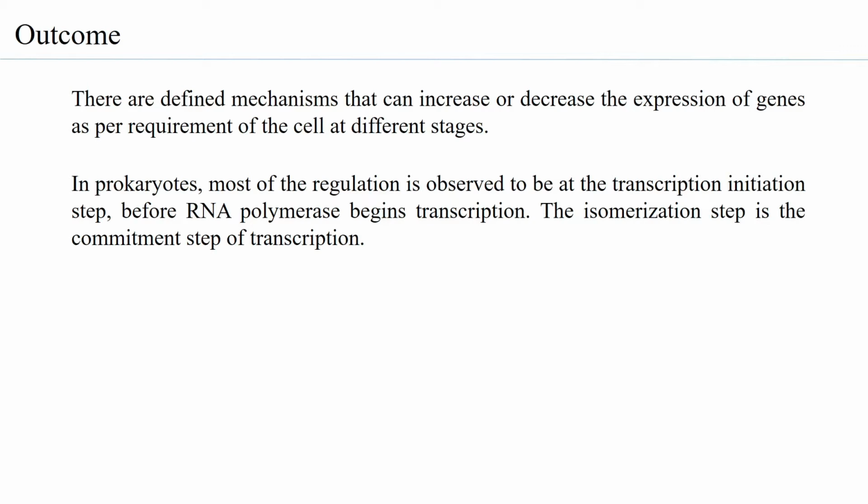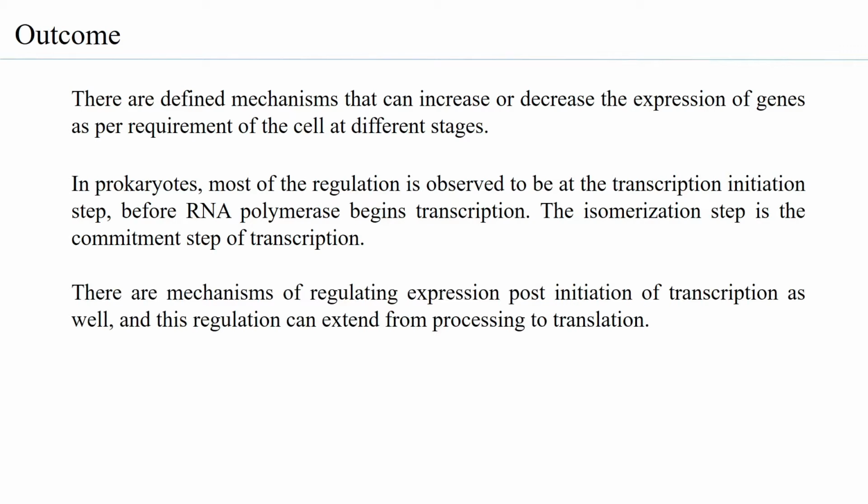So this mainly is at the isomerization step of the transcription, which is the commitment stage, where once the RNA polymerase moves from the closed complex to the open complex, it gets committed to transcription.